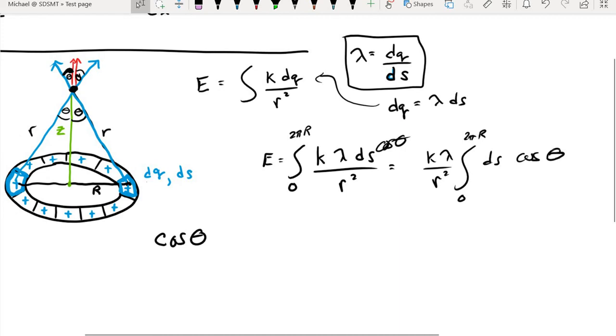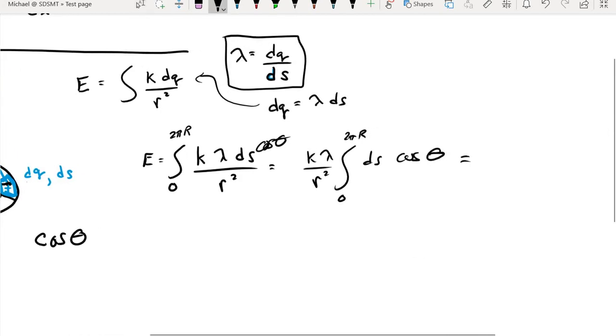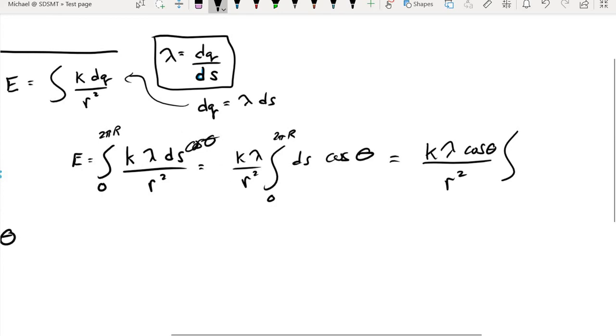Well, theta is a constant, at least in this expression, and there's really no reason why we can't bring that out front as well. The only thing left that we would have to do still is integrate with respect to ds.